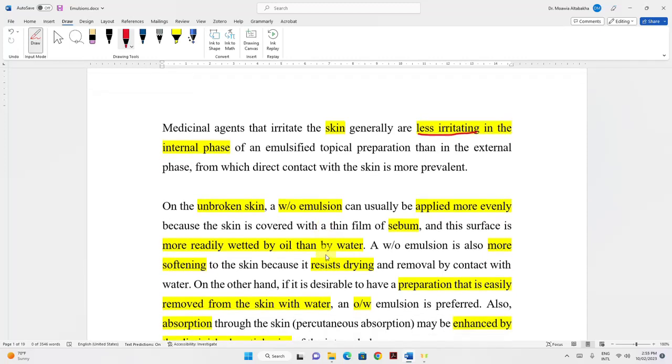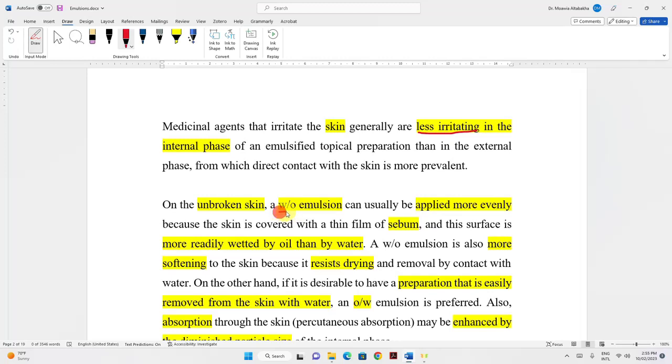Another reason is when we look at the water in oil emulsion, we will find that the spreading of such emulsion on the skin is even, and the oil will spread easily on the skin because the skin has sebum. Sebum is the secretion from the hair follicles that allows your skin to be oily.